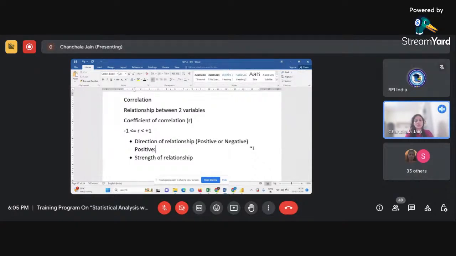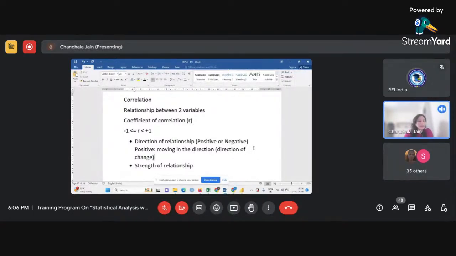Positive correlation means when the variables are moving in the same direction. That means, or I can say, when the direction of change is the same, it is known as positive correlation.